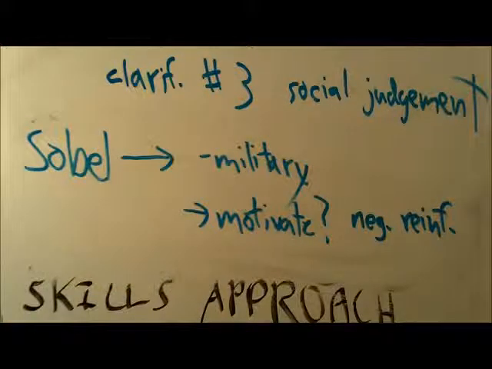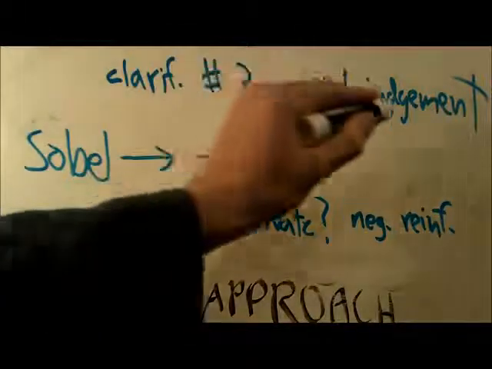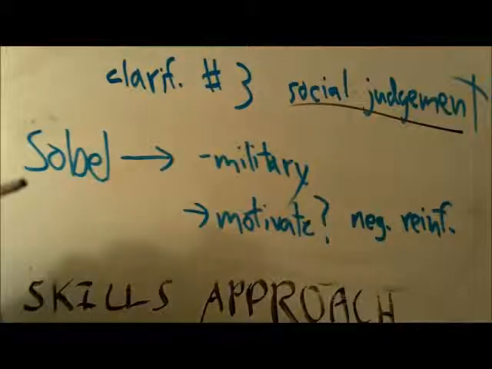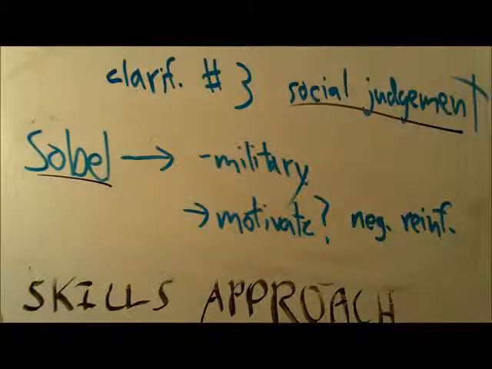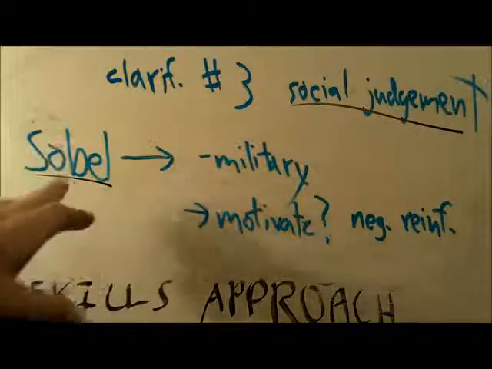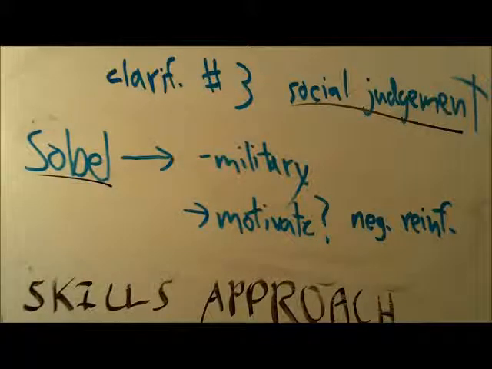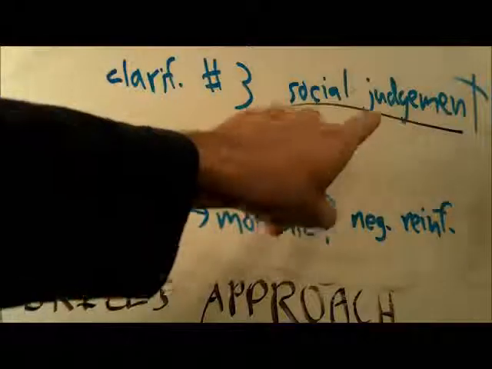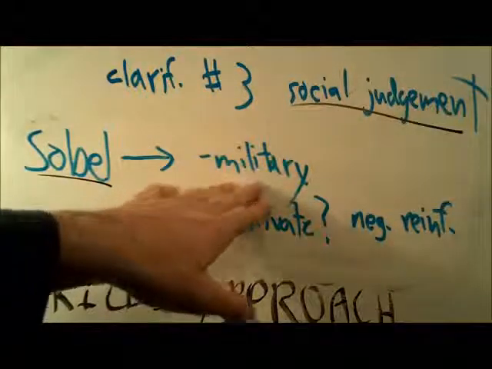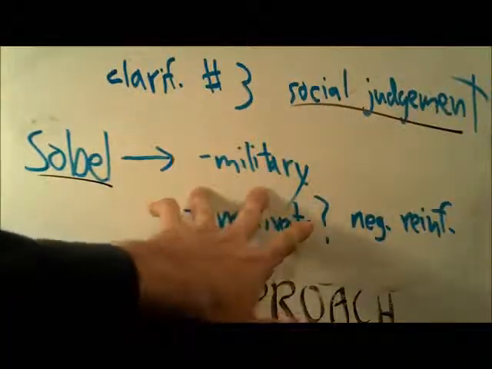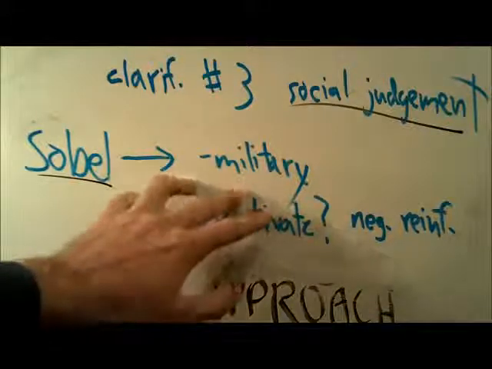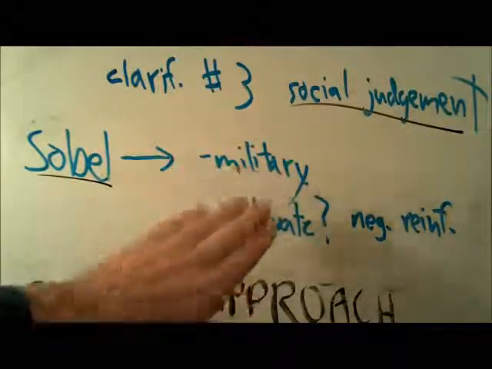And really quickly, before we move on to the next set of clips, we're going to go back to clarification number 3. In this case, we're going to be clarifying some examples of social judgment from Captain Sobel's performance here. So he's in the military, so his social judgment might not need to be as high as it would be otherwise, because he already has respect from all his men and they will follow his command.